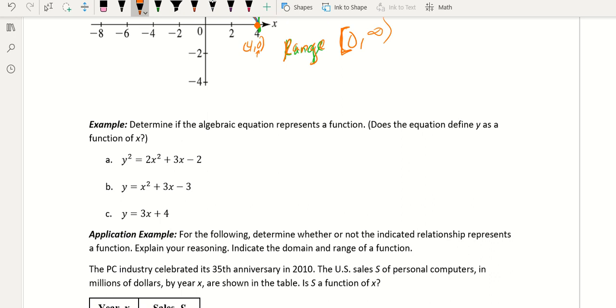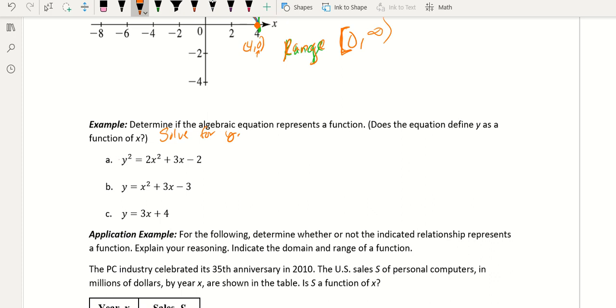Just remember, I just said every x value should be associated with a y value, right? So with that being said, you always want to solve for y, okay? You want to get the y by itself if you're trying to determine if the algebraic equation is a function.